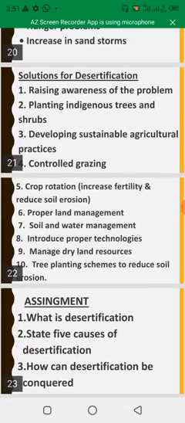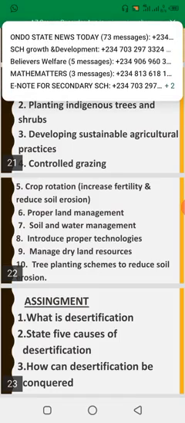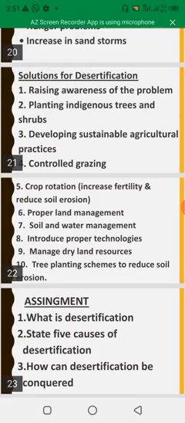We must also introduce proper technology, so that as the land is being cultivated, it is being replenished again. Then plant trees to reduce soil erosion. So these are the solutions to desertification.